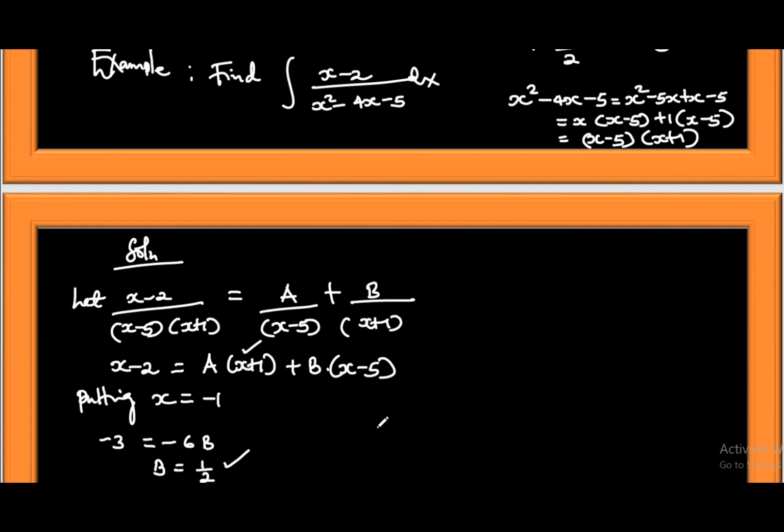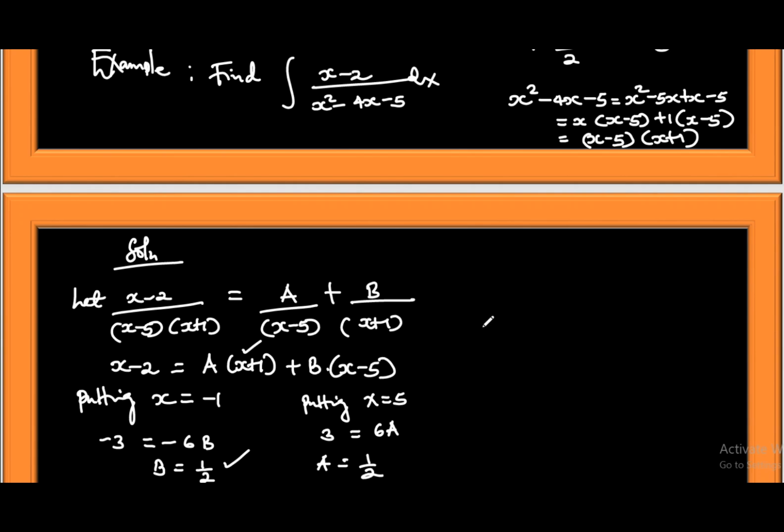So we are good with the value of b. Then we can also put x equals to 5. When you do so, on the left-hand side, we shall have a +3. On the right-hand side, we shall have 6a. And therefore, the value of a also becomes a half.